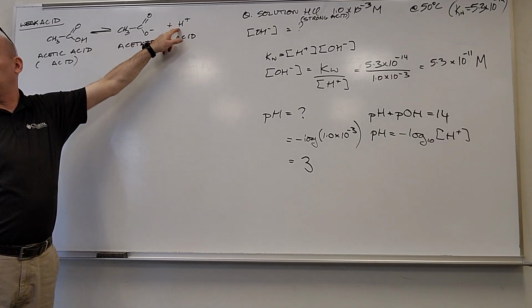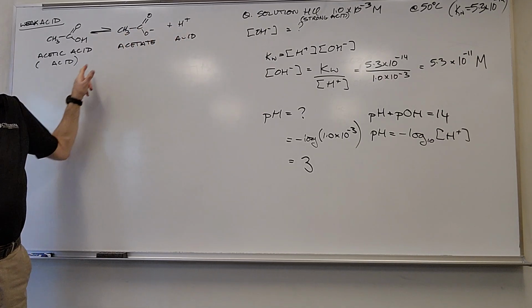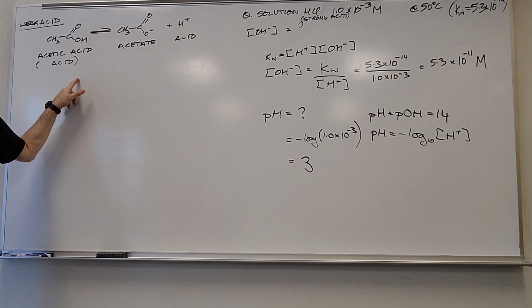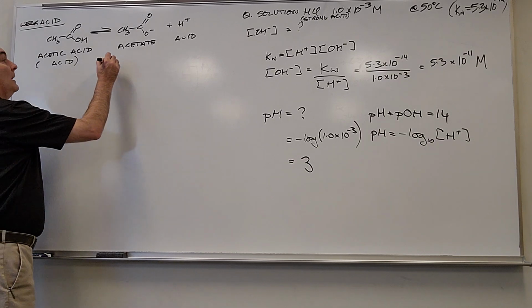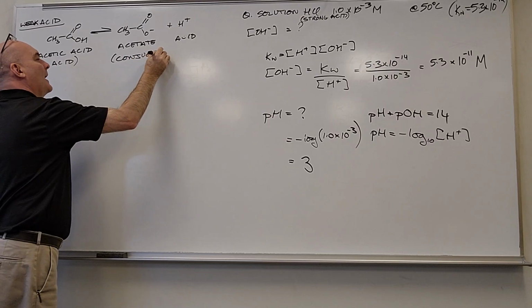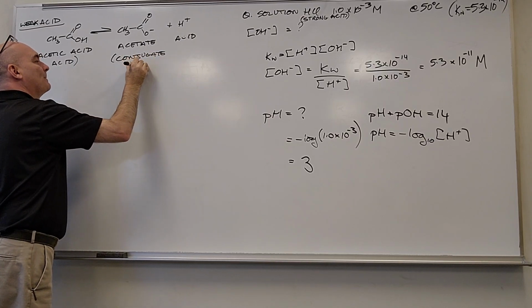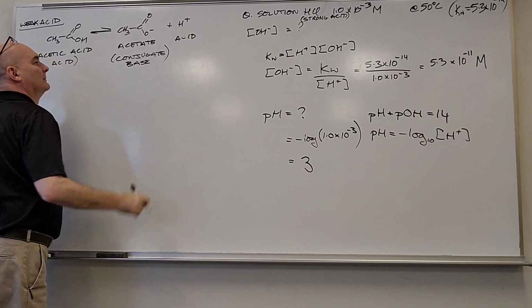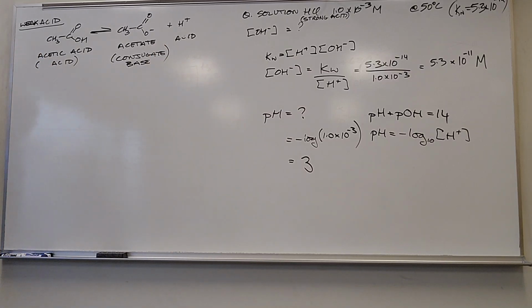But chemically, that's the acid. This is called acetic acid, therefore it is an acid. This is the conjugate base. A conjugate base contains one less hydrogen and one more negative charge. It has lost an H plus.